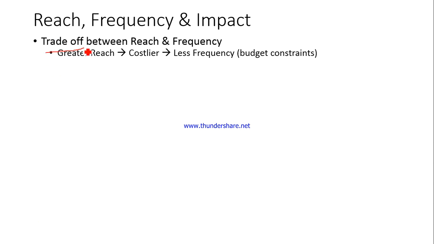You cannot have a very high reach and a very high frequency. This is going to be very costly for you. So if you want to have a high reach, you'll have to compromise on the frequency aspect. You'll have to reduce the frequency. And if you want a very high frequency, then you will have to reduce the reach. You cannot target a high reach and a high frequency simultaneously, right?